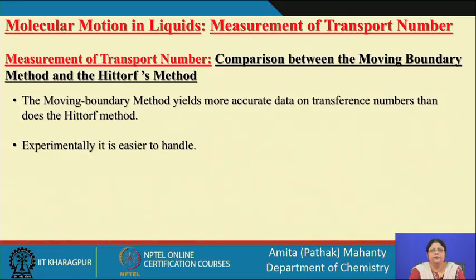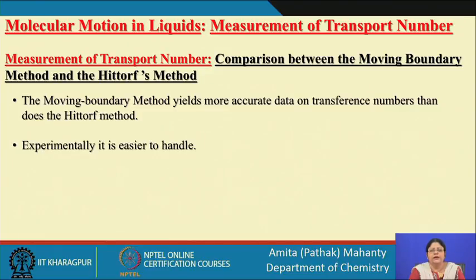As of now, Hittorf's method is a little redundant, though it was one of the first pioneering methods put forward to understand that the fraction of current carried by the anion and the cation in a system is always a fraction of the total current passed through the cell.